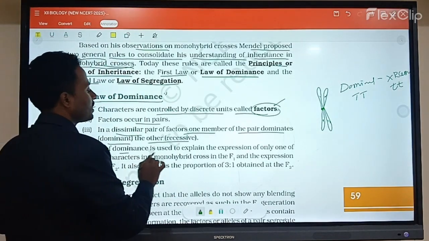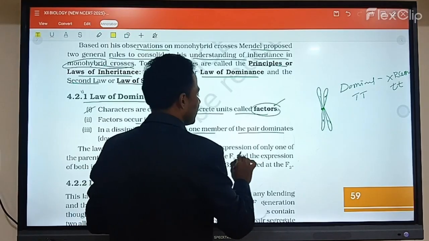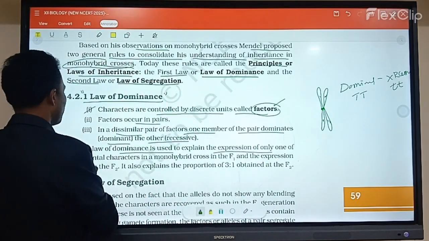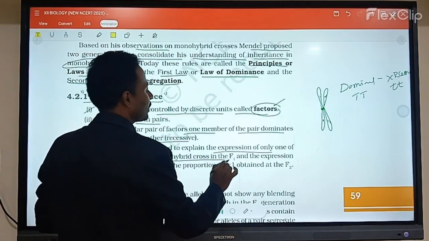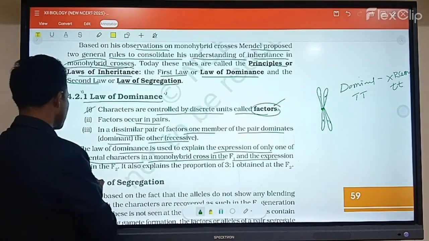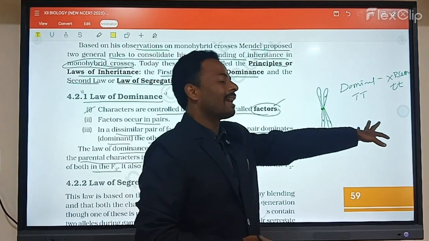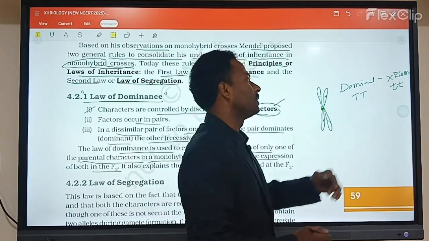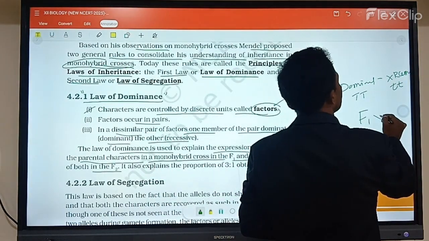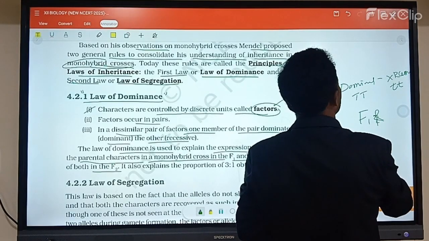Now the law of dominance is used to explain the expression of only one of the parental characters in the F1 of a monohybrid cross, and the expression of both in the F2. When you cross these characters, we get the F1 generation as well as the F2 generation.